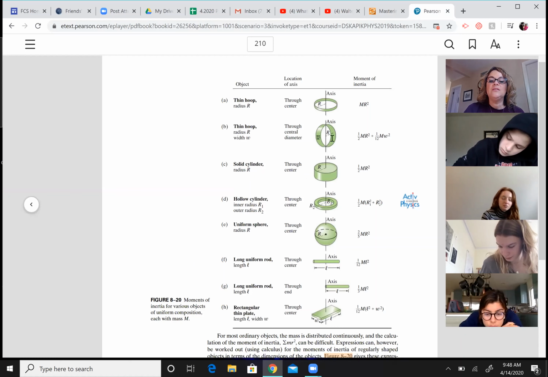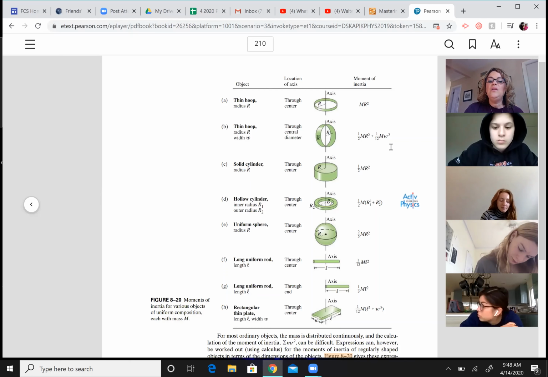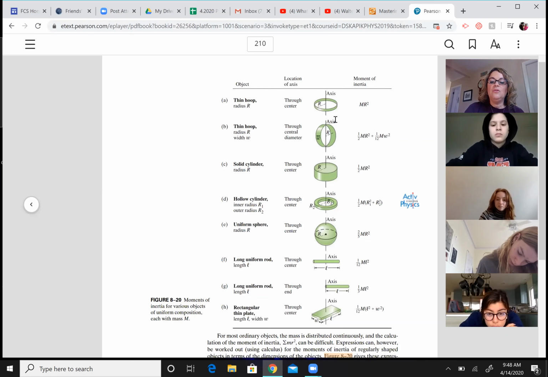But for other objects, or I guess the same object tilted vertically, if you rotate it around a different axis, the moment of inertia is different. It's 1/2 mr squared plus 1/12 mw squared, where w is the width of the hoop. So as you look down this column and you look at all these different moments of inertia, you may be wondering, how the heck did anybody calculate these?